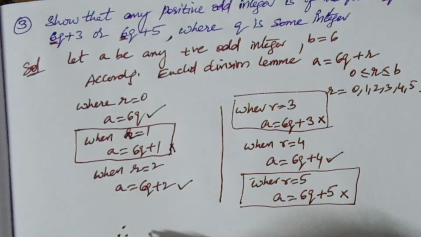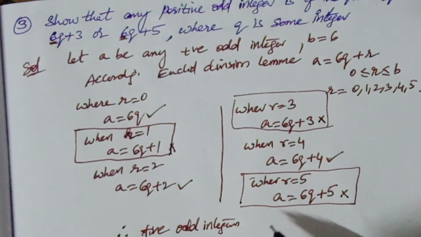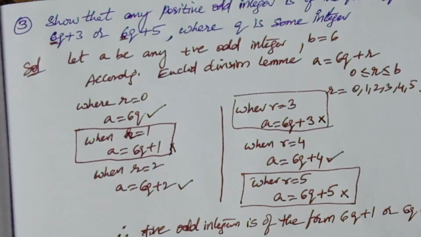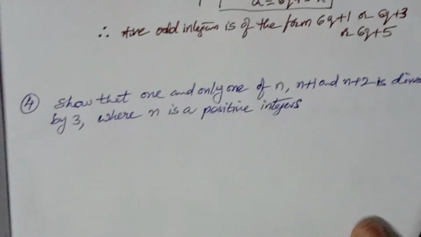Therefore, positive odd integers are of the form 6q plus 1 or 6q plus 3 or 6q plus 5. This is the solution for the third question.